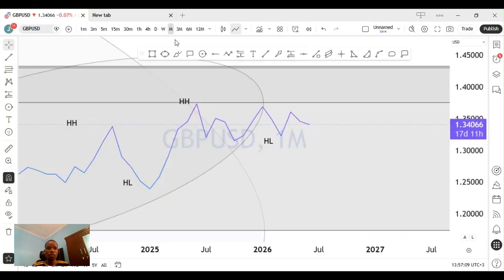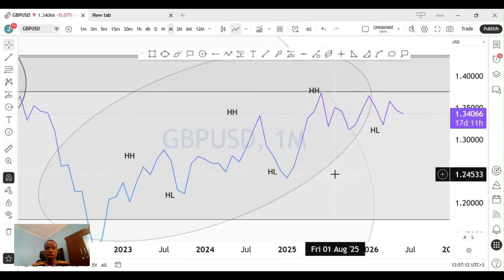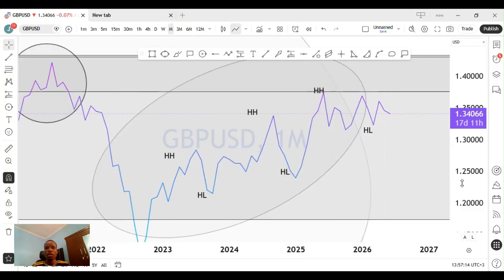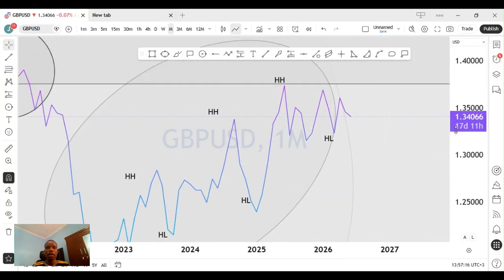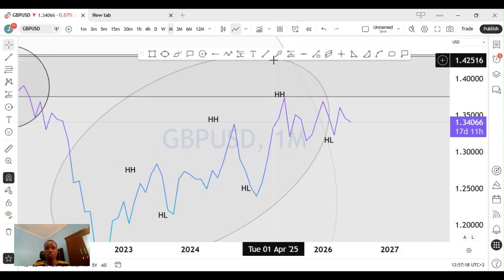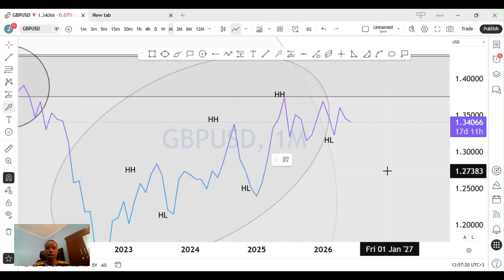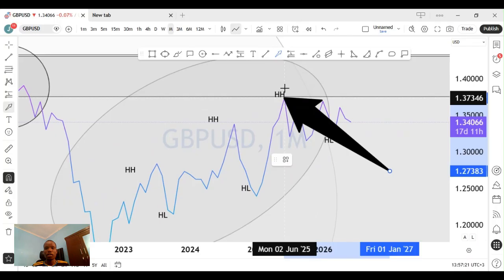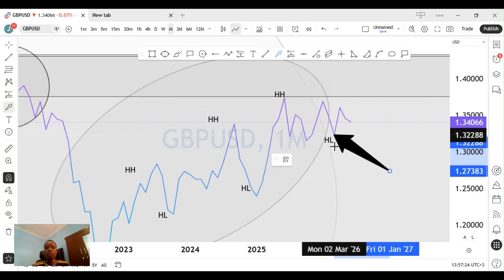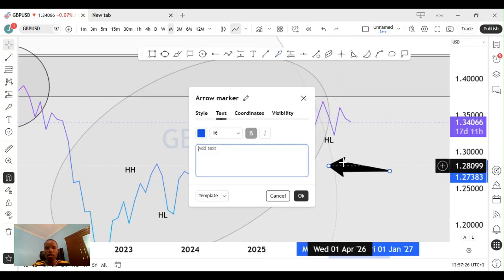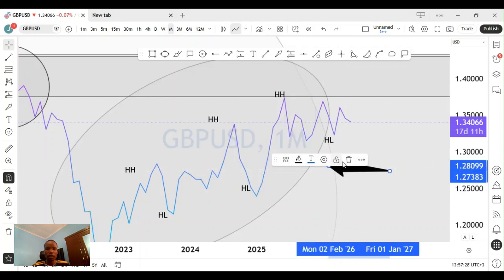When we shift into the 1 month time frame, we saw that after the market created this high, it created a high low, but up to now the market is still in a consolidation or indecision structure.